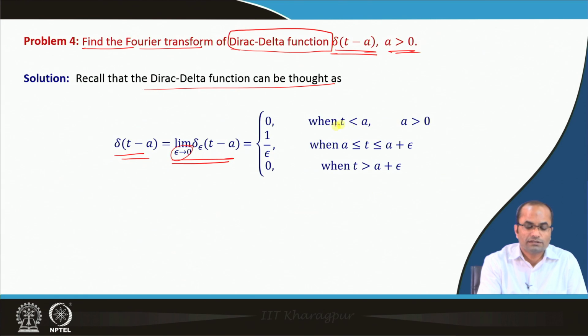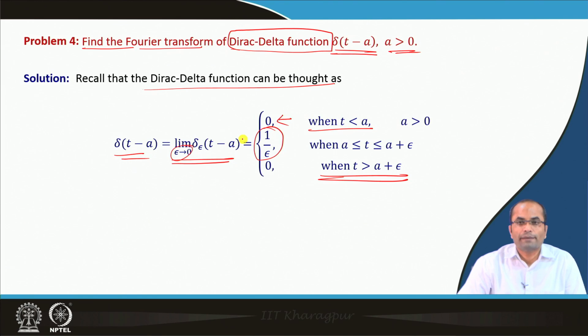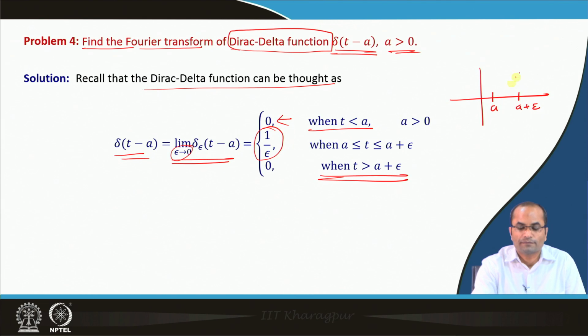That means, if we consider that when t is less than a, the value is 0, and t greater than a plus epsilon, it is again 0, and in the region between a and a plus epsilon the value is 1 over epsilon.